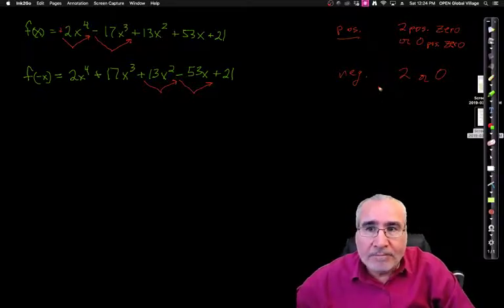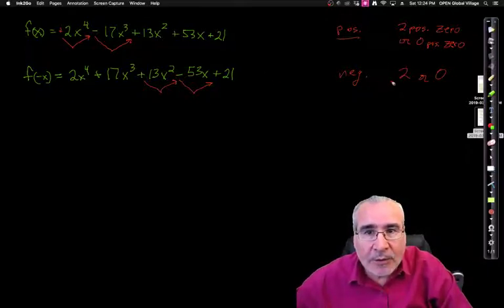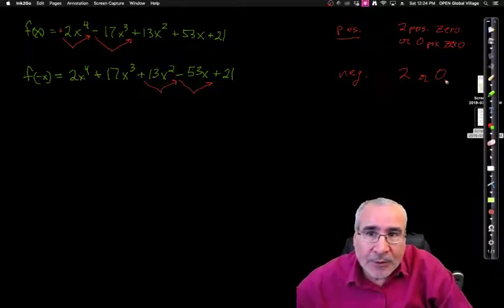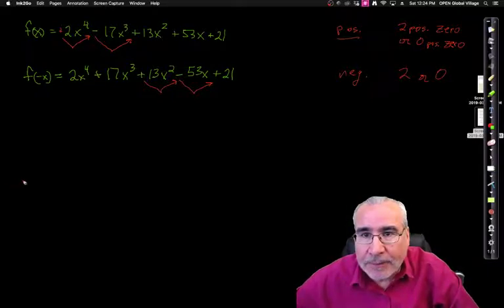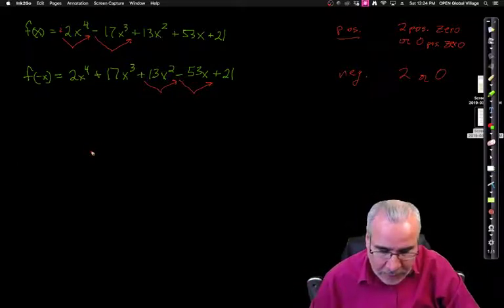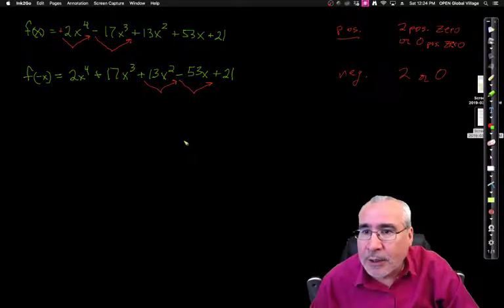So now that's sort of the first step. These are the potential, how many zeros there could be. So we could have a potential of 2 positive, 2 negative, or 4. We could have 0 and 0, so we could have no real zeros. How do we go about finding it? Okay, so let's change our color here a little bit.